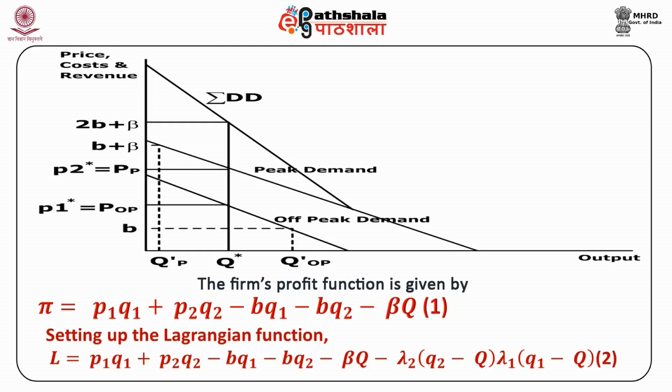Next, lambda 1 star greater than or equal to 0, minus Q1 star plus Q star greater than or equal to 0, lambda 1 star into (minus Q1 star plus Q star) is equal to 0, equation 6.